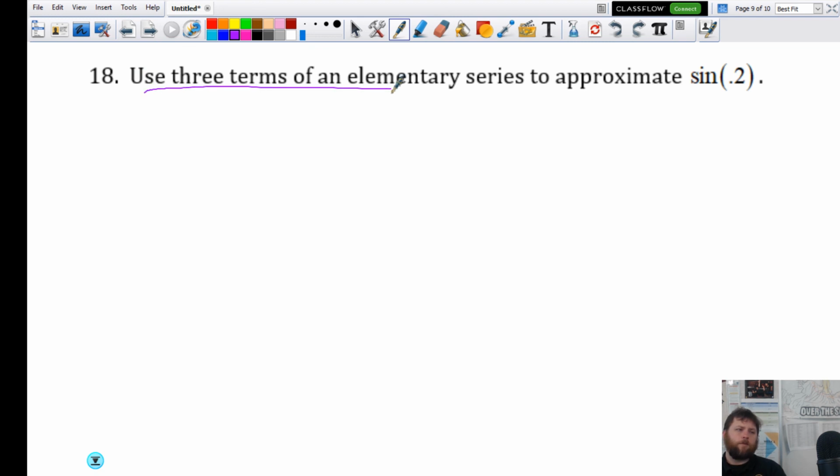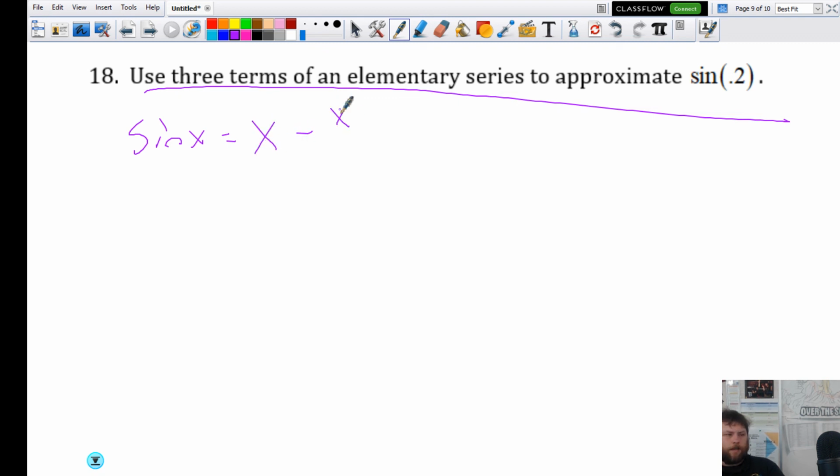3 terms of the elementary series to approximate sin of 0.2. So sine's elementary series, the first 3 terms. Sine is odd, so we go x minus x cubed over 3 factorial plus x to the 5th over 5 factorial. That's the first 3 terms, not to the 3rd power.